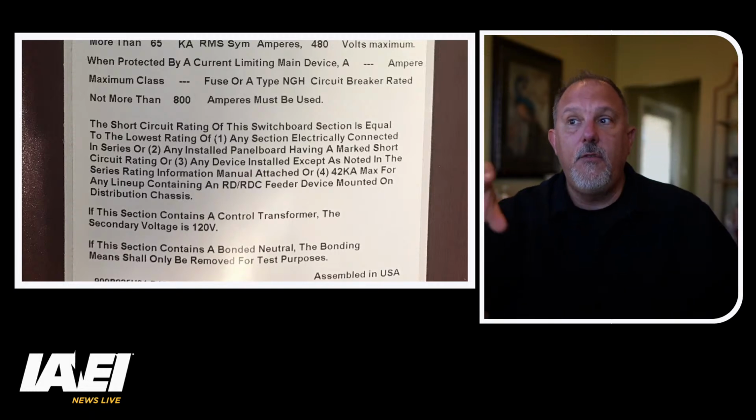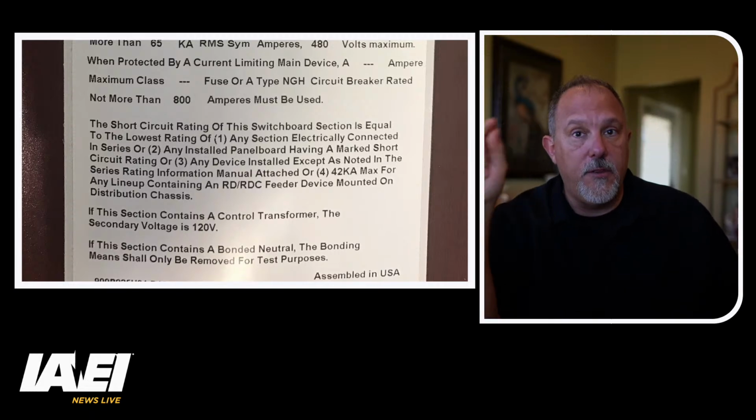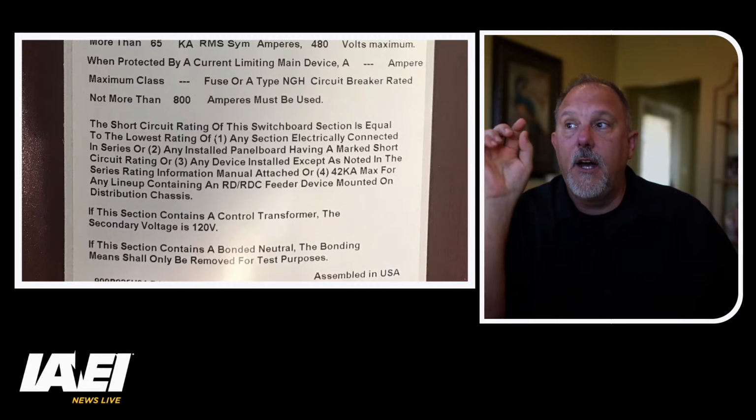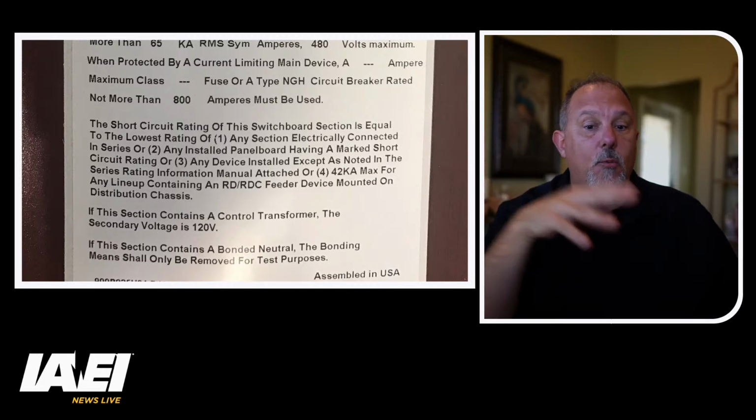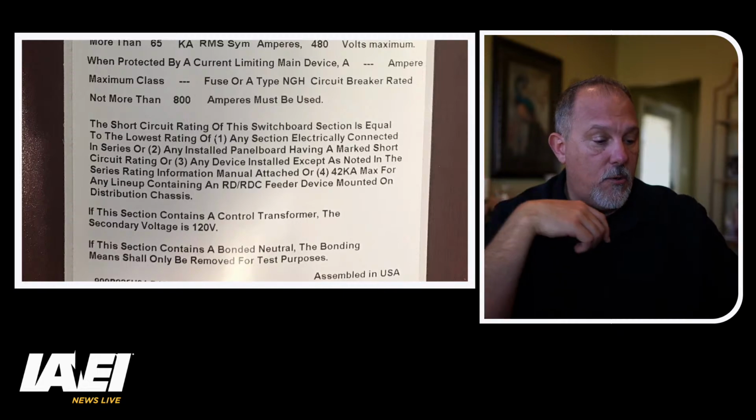So we give you the recipe to determine the short circuit current rating of that equipment based upon what's installed in the equipment. So short circuit current ratings of panel boards and switchboards and industrial control panels are dependent upon the makeup of what's inside.